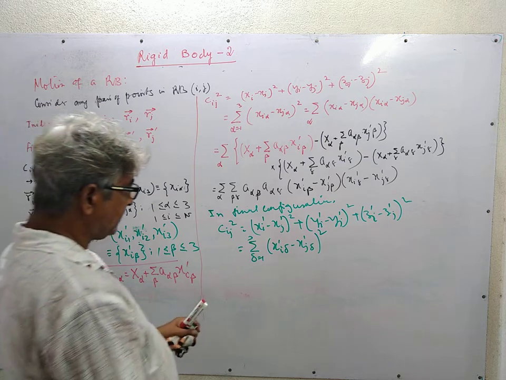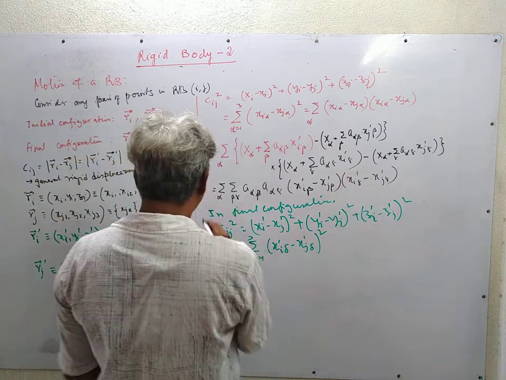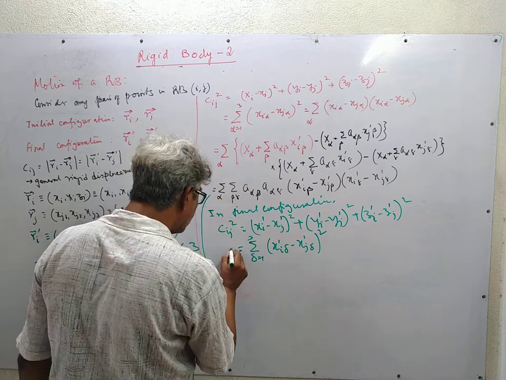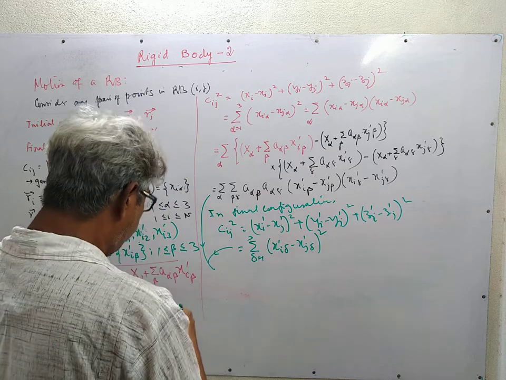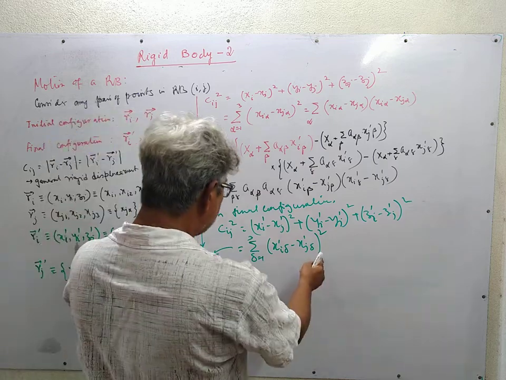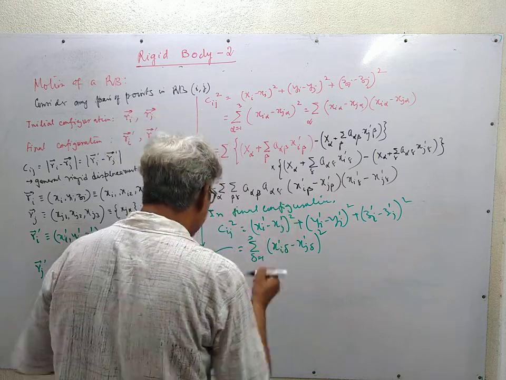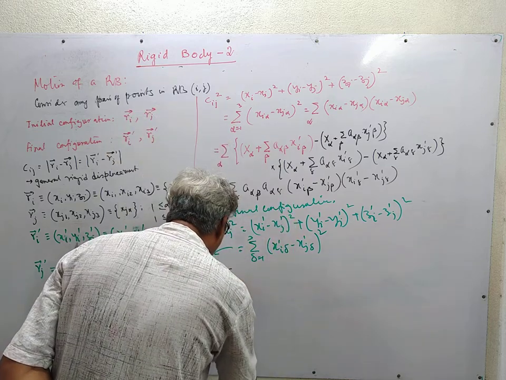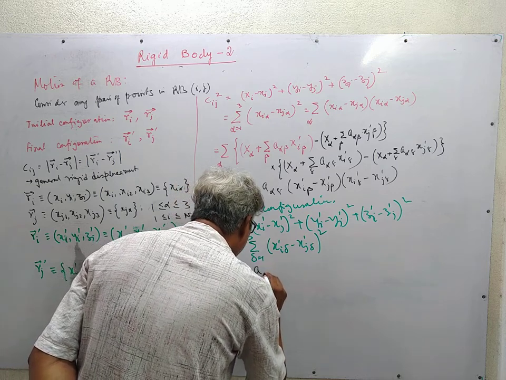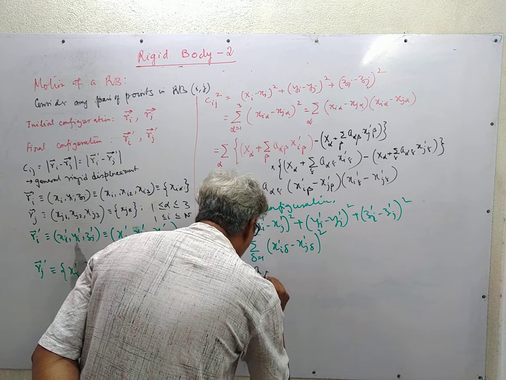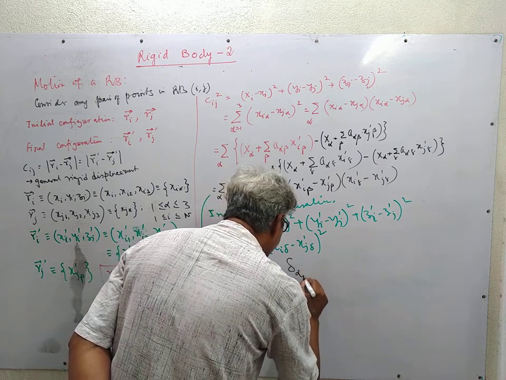If we equate these two relations, since both of them are equal to our Cij square, we immediately get that this relation reduces to this if we have the summation over alpha of A alpha beta A alpha gamma equal to delta of beta gamma.